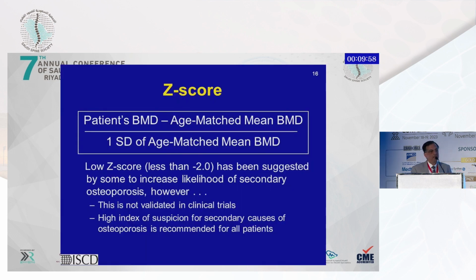Now, in young patients who have not reached, say, about 30, 35 years, where you get the maximum amount of peak bone mass, we use a Z-score. In the Z-score, we compare the patient's sex and age at the same level, whereas in the T-score, we want to compare a 60-year-old patient with a healthy 35-year-old.